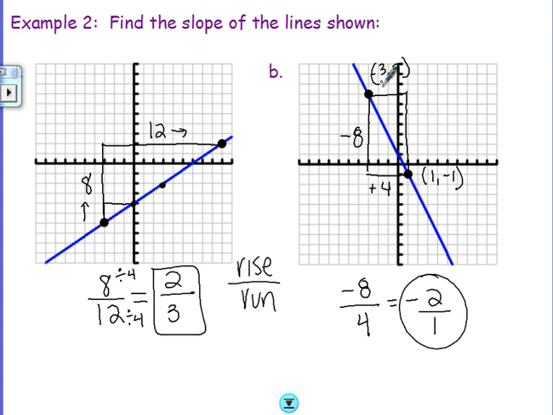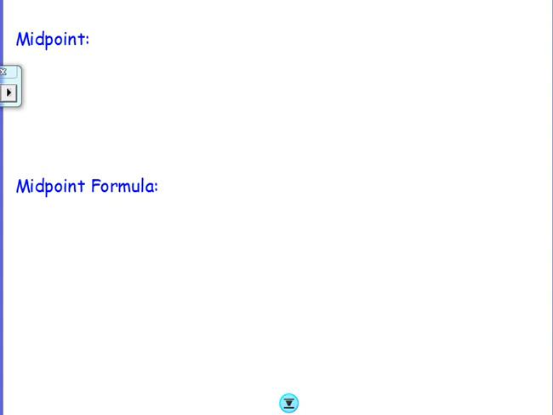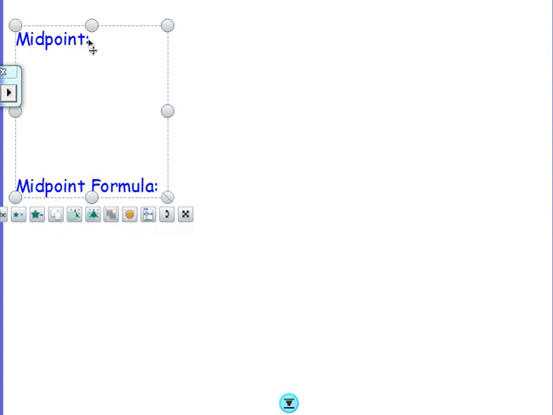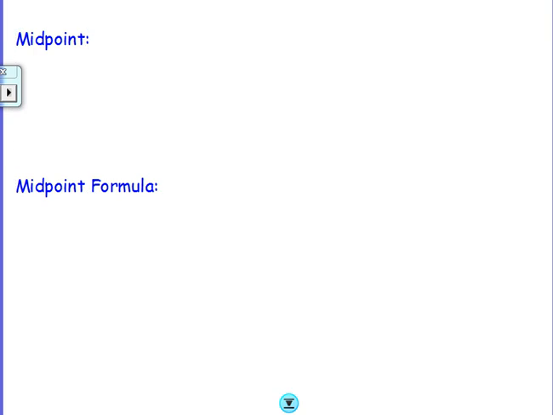Okay? All right, midpoint. If we review midpoint, midpoint is just the halfway point of a line segment. So if you have a line, where's the middle of it?